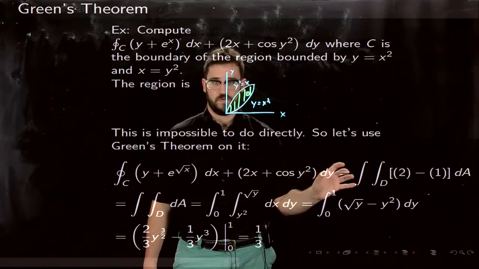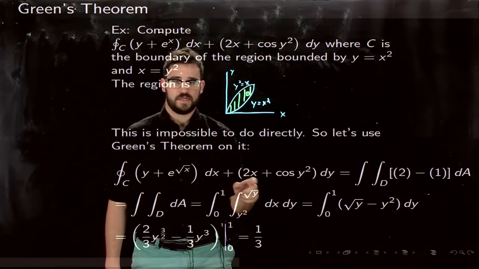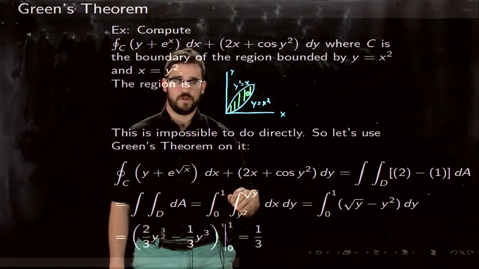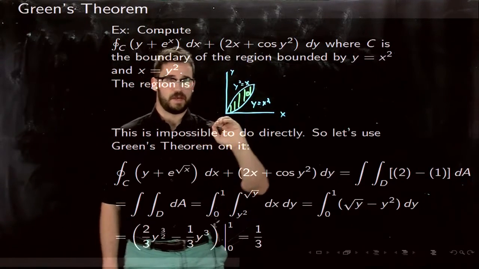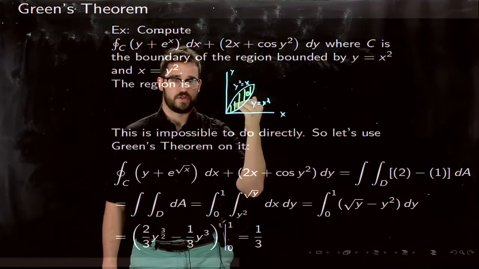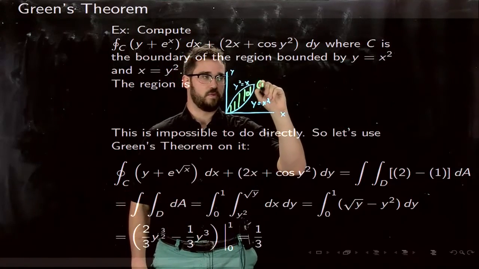The double integral over the domain, now let's set this up as dx dy. As we would set up our normal double integrals, when we look at it from the x perspective, we have y squared as our bottom and square root of y as our top, and y would go from 0 to 1, because this is the point (1, 1).